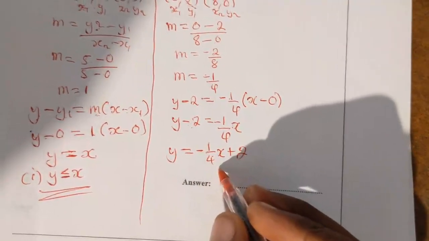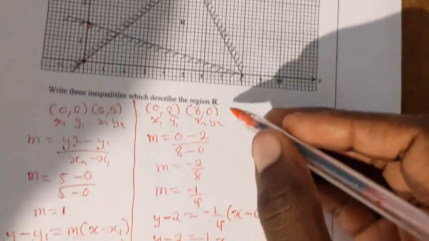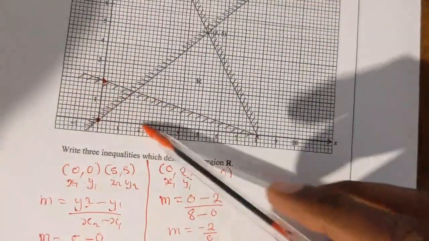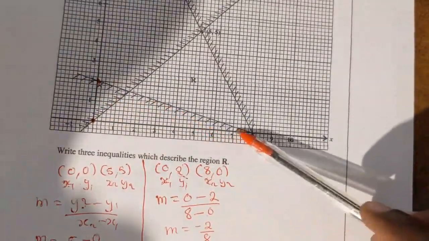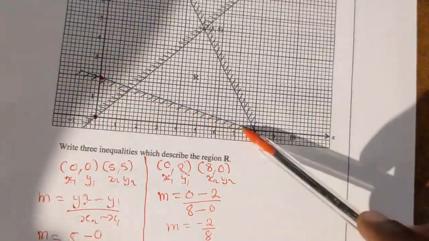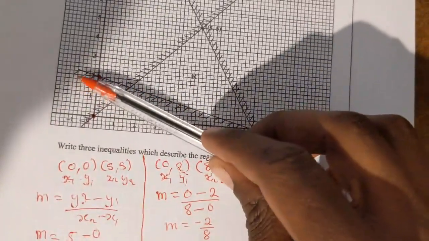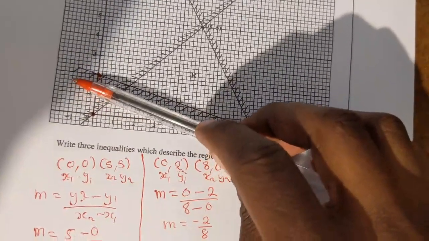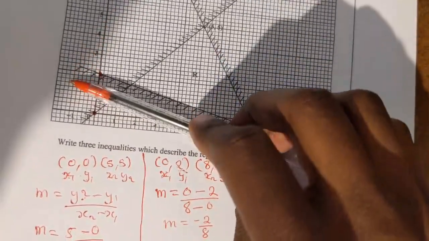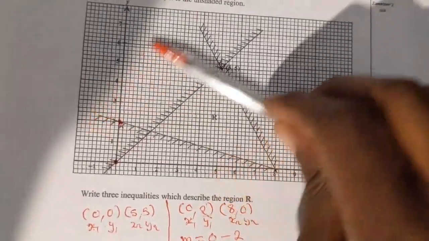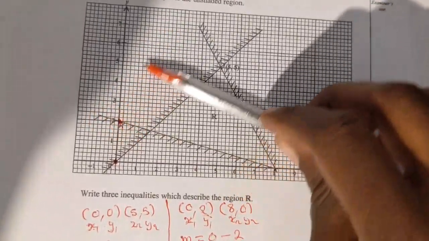Now what is the inequality? Coming to this one now, what we're solving is this one, and if you look at it, it doesn't have dotted lines, these are solid lines. So when going this side, the values of y are increasing, meaning it is greater than or equal to.